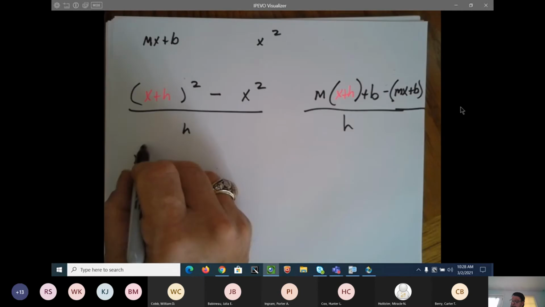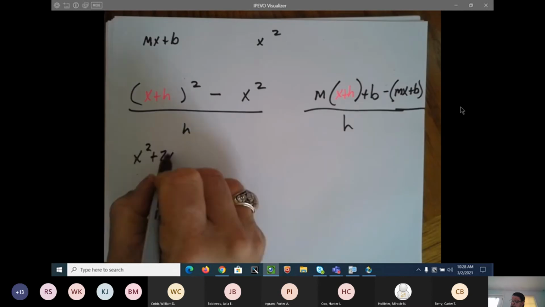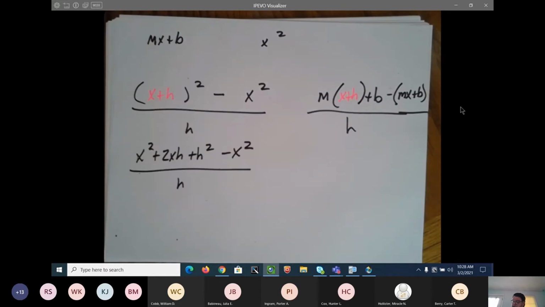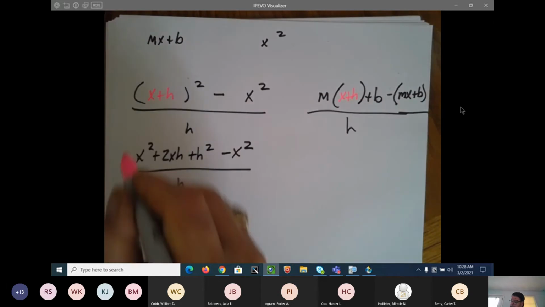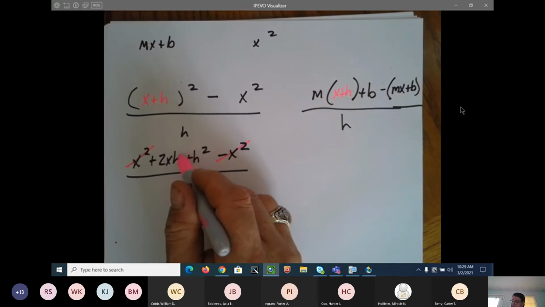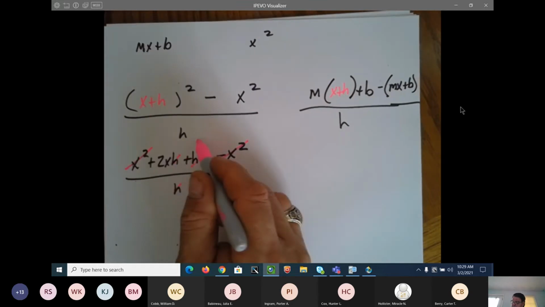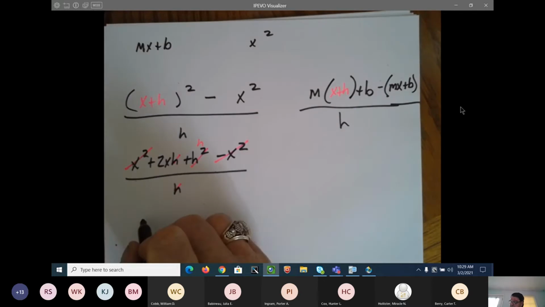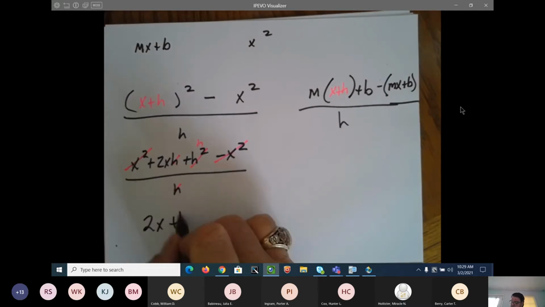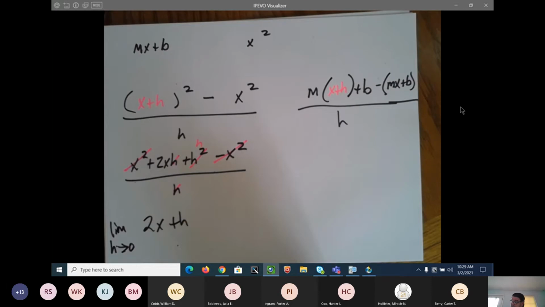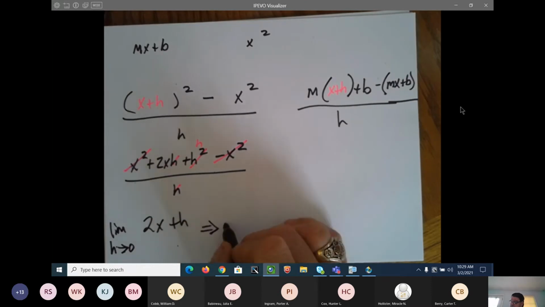x squared plus 2xh plus h squared minus x squared over h. The x squareds cancel, and that cancels with that one and leaves h. So it's going to be 2x plus h, and the limit as h approaches 0 is going to give you 2x.